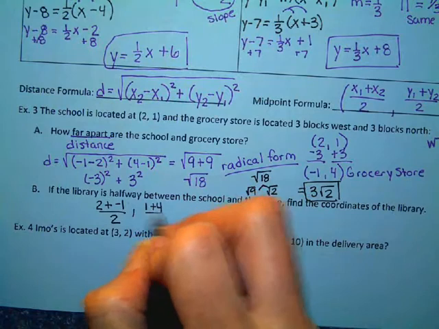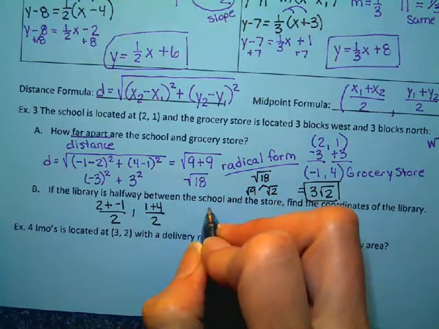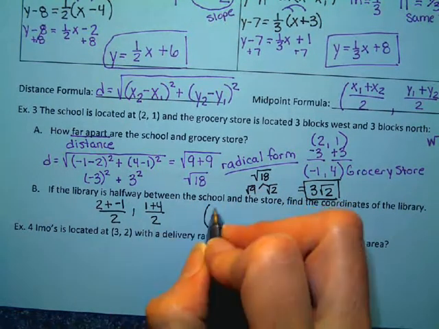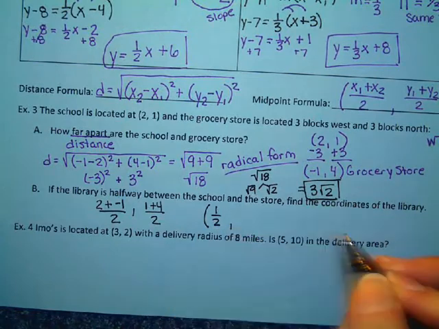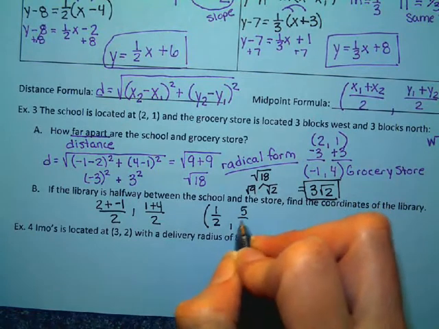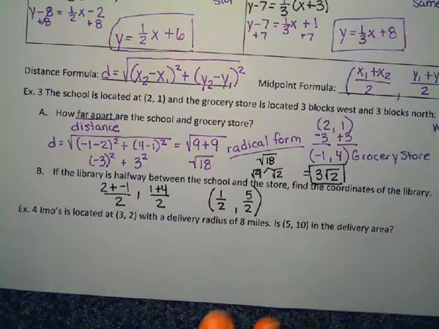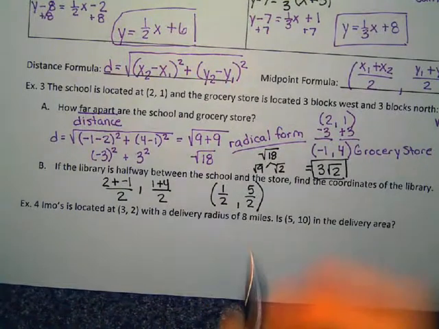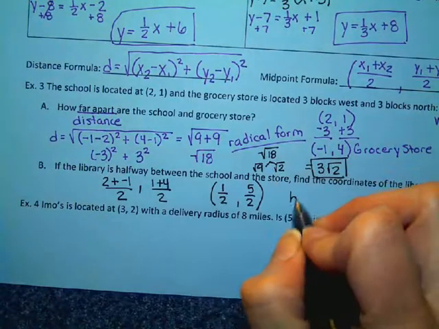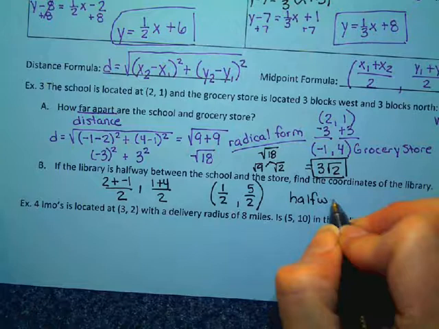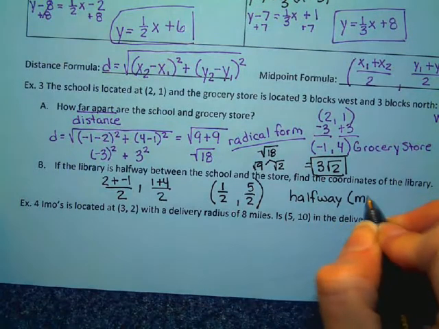So my x value comes out to 1 over 2. And my y value came out to 5 over 2. And you can leave them in fraction form or you can reduce them. But that would be my midpoint. Halfway is midpoint. Which I know we did that a long time ago.